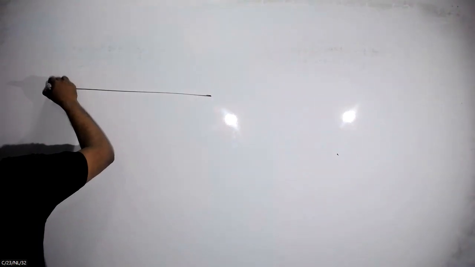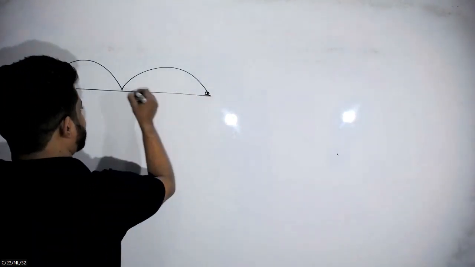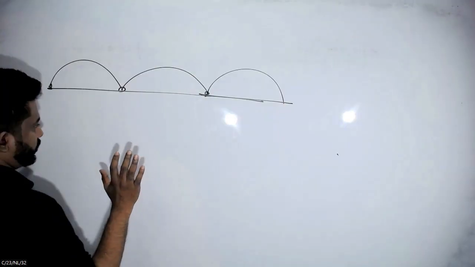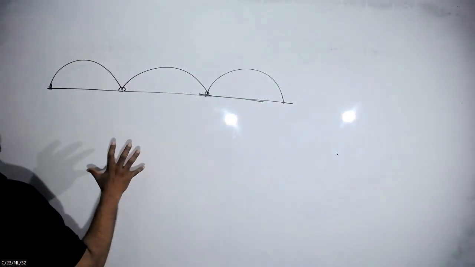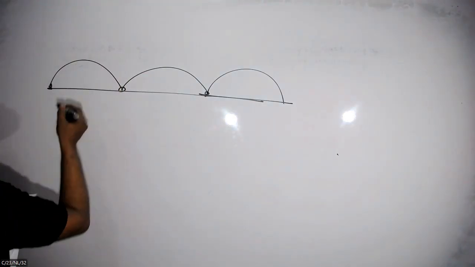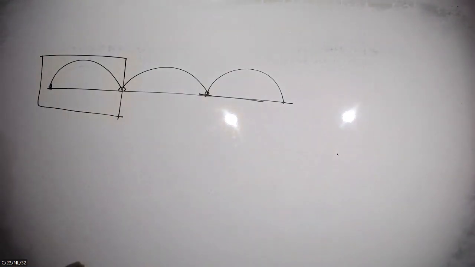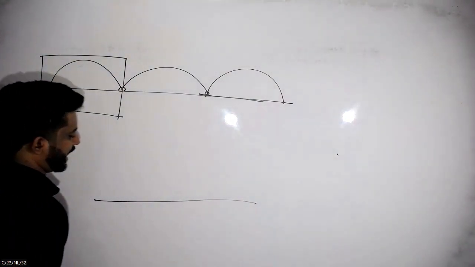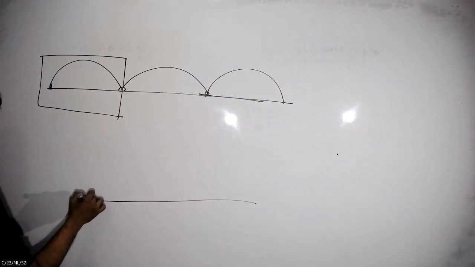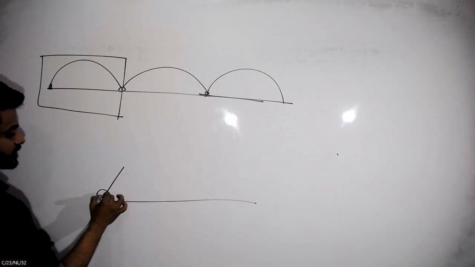To find the answer, you need to consider the motion of the insect during one jump. You can isolate one jump. In this question, they have given that during a jump, it obtains maximum horizontal range.